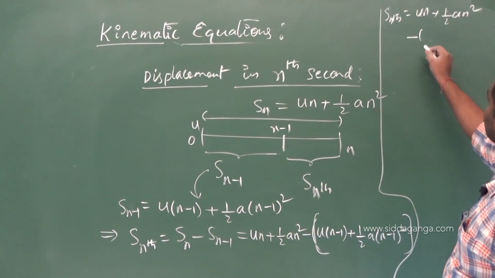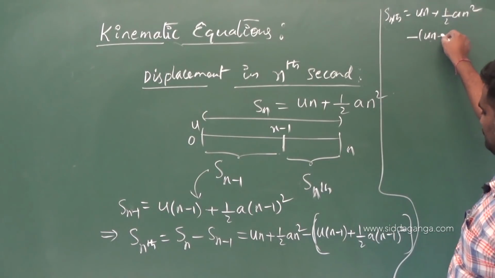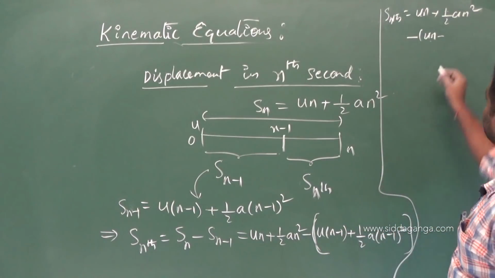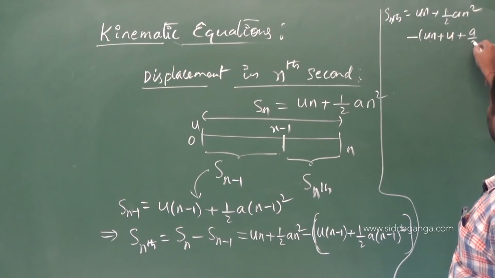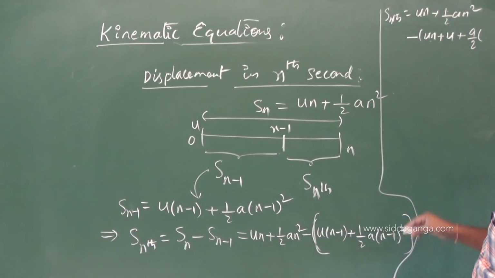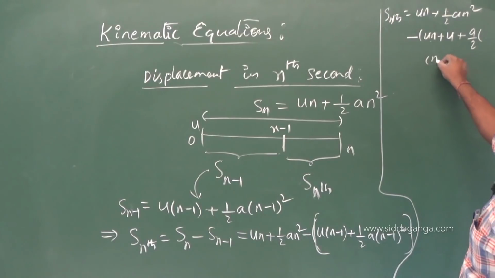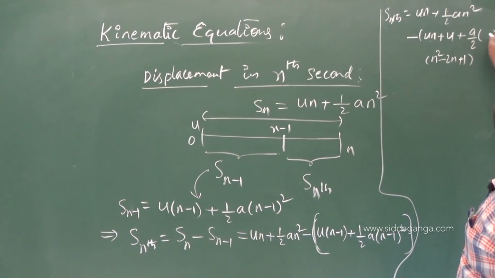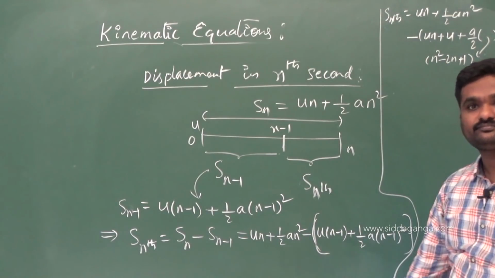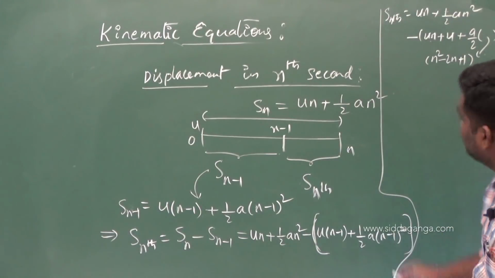What you will get? u minus un minus, into minus plus u plus a by 2 into n minus 1 whole square. (n-1) whole square means n square minus 2n plus 1. Hope you are getting it.